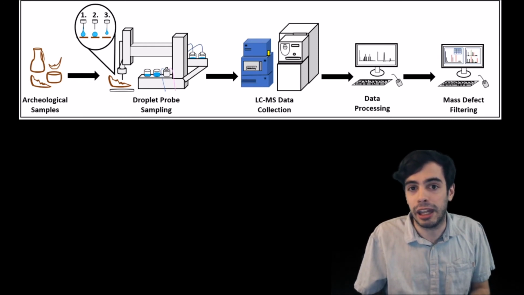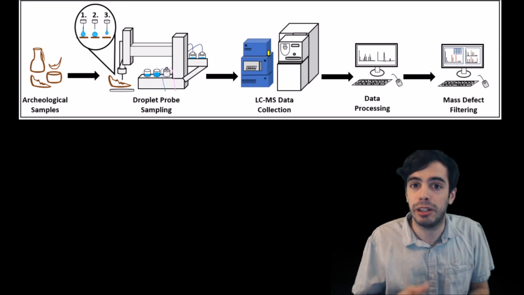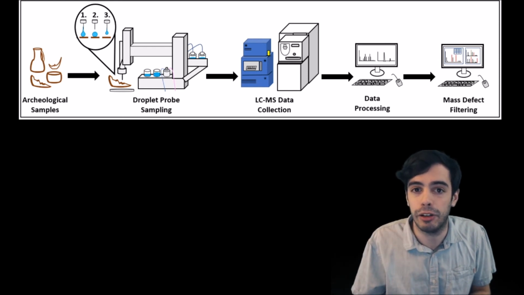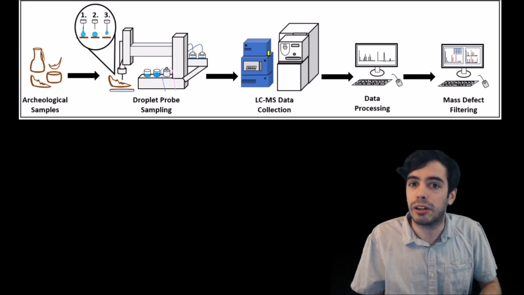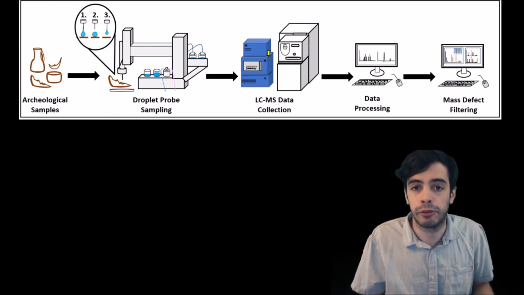And basically it's a unique identification code, like a QR code, which is unique for each compound in the literature and can be used for further compound evaluation. Data processing happens after that, and we are also using a technique called mass defect filtering for looking for any other analogs that we have missed.